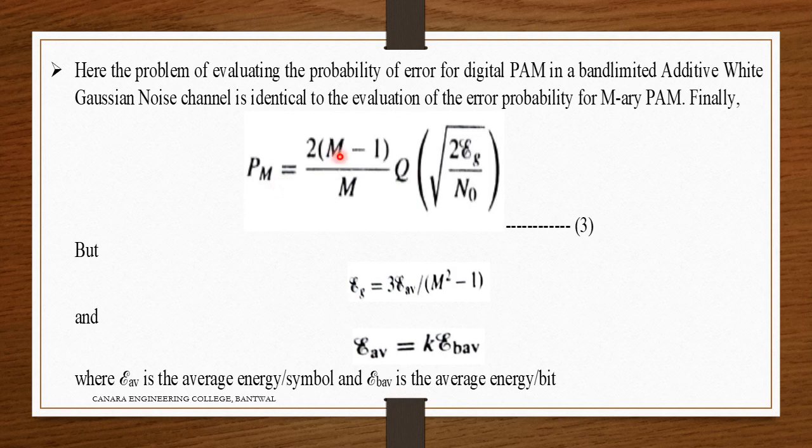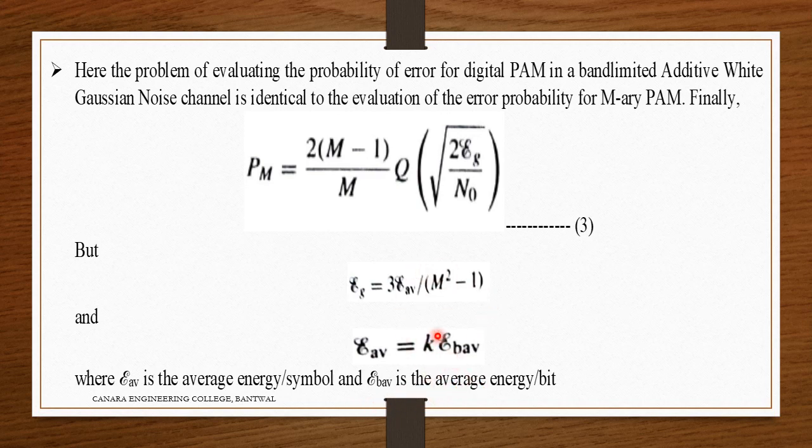Now Pm is equal to 2 times (M minus 1) divided by M times Q of the square root of 2 Eg by N0. This is the equation, but we know Eg is equal to 3 times EAV divided by (M squared minus 1), and EAV is equal to k times EBAV, where EAV is the average energy per symbol and EBAV is the average energy per bit.